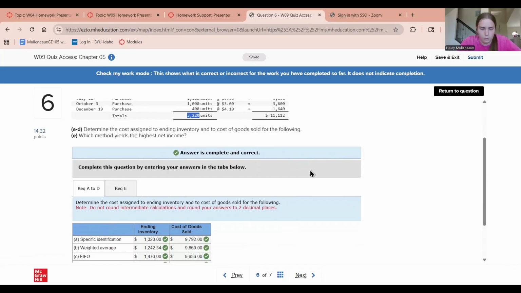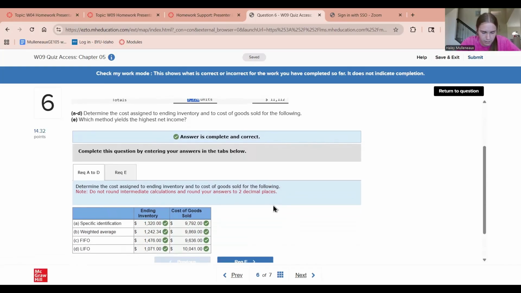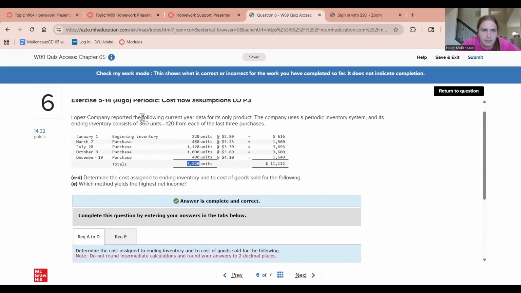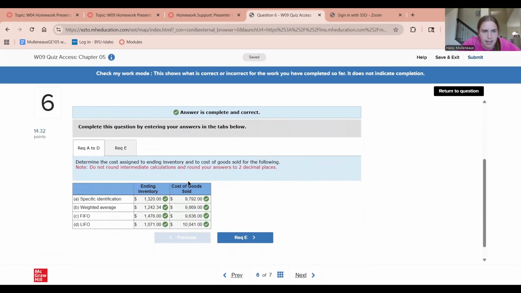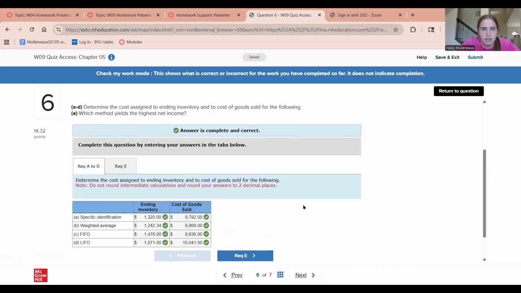And that equals our total average unit price, which rounds to 3.45. And we take 3.45 and we times it by 360 right here. And that adds up to be 1,242.34, and again, it's rounded. That equals ending inventory for weighted average.